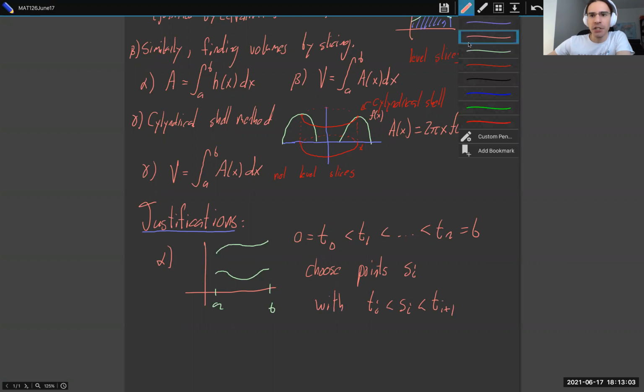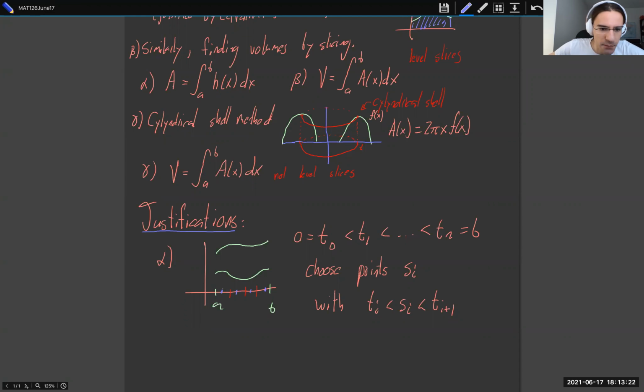So let's imagine then that we take our A to B, let's say we partition it into, in this case, 4 pieces. And then we choose some point in each interval. Then what I'm going to do is I'm going to take this point and I'm going to look at the slices over this point. And then I'm going to form rectangles corresponding to these slices.